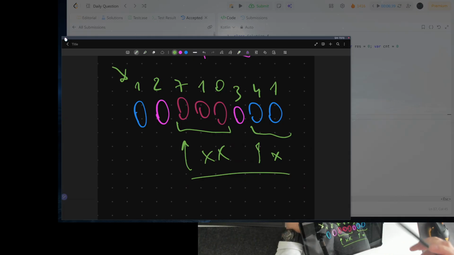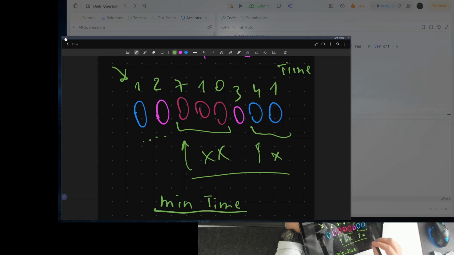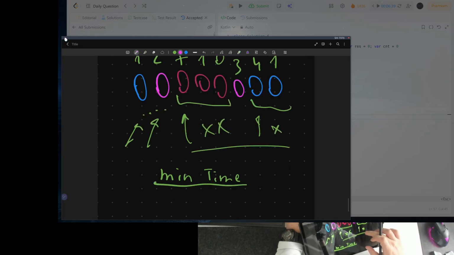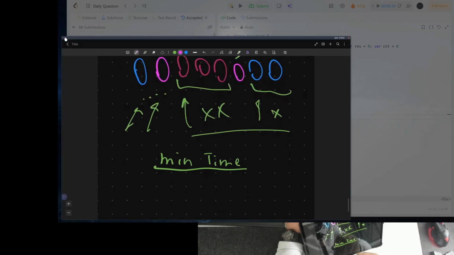That means if we do the removal, we spend some points or time, and we are asked to have a minimum time. So we have to do the minimum removals, and we can't just remove anything and keep others. That other strategy would not give us the optimal result.